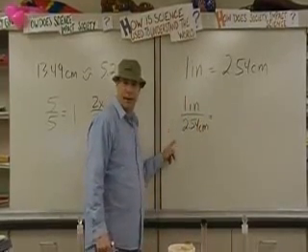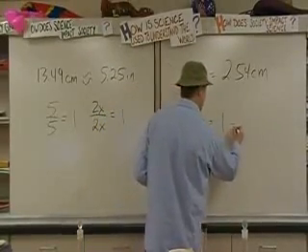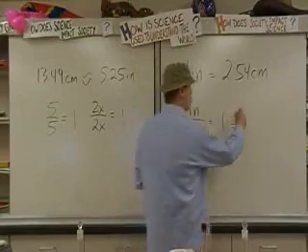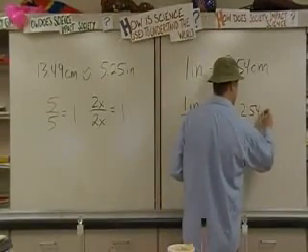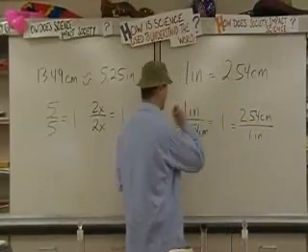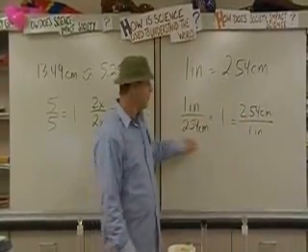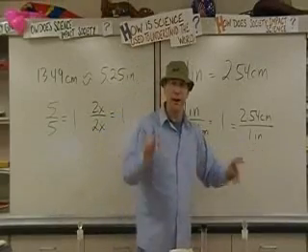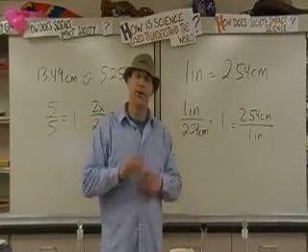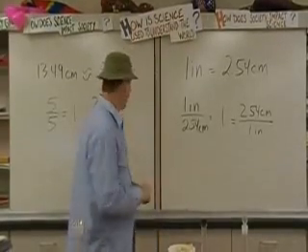Something divided by something that it equals to? It must equal 1. I, of course, could also say 2.54 centimeters divided by 1 inch. Once again, something divided by itself equals 1. These are called conversion factors, and these are what I need to change something from one unit of measurement to another.